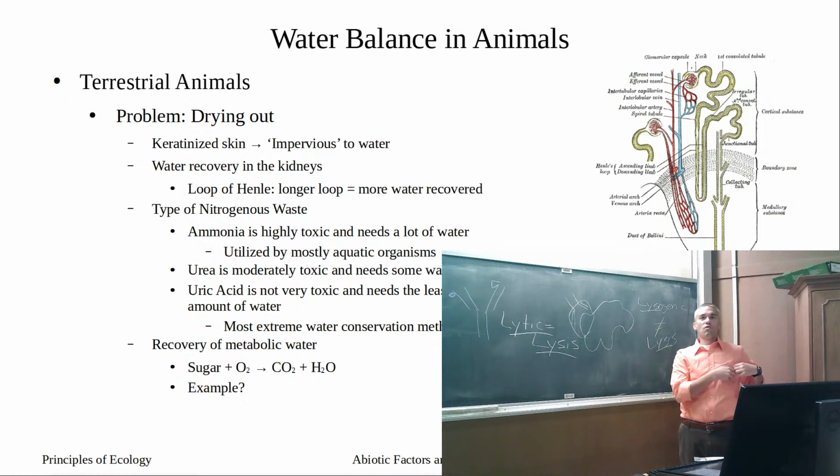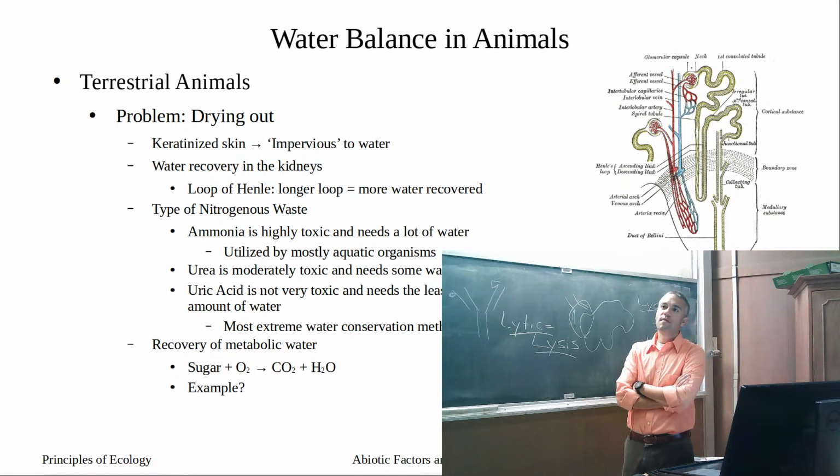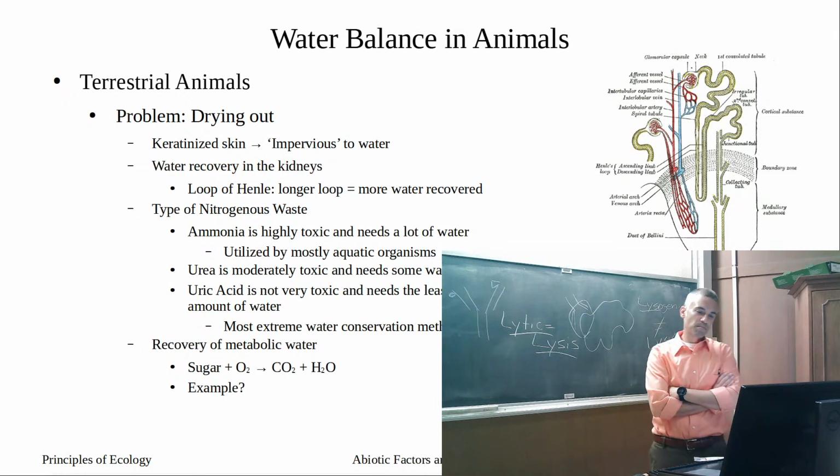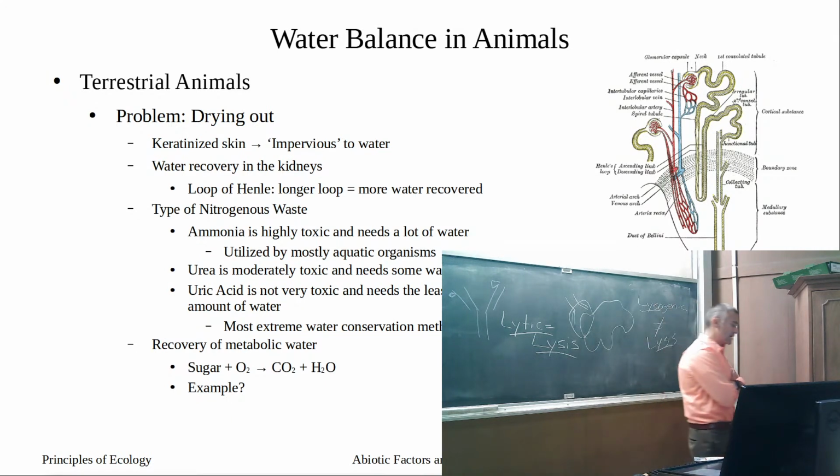So that's kind of a response to the problem of low water conditions. But that's more of an evolutionary response. That's not something we're just going to automatically develop. It's happened over time, as our organisms have invaded land, you have this development, this keratinized skin. But that's not going to be enough. We also have to recover water.